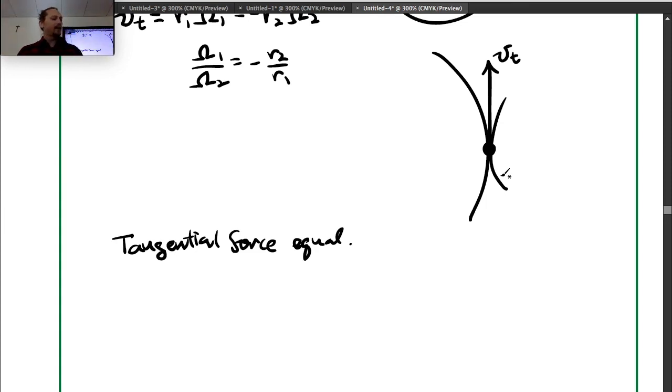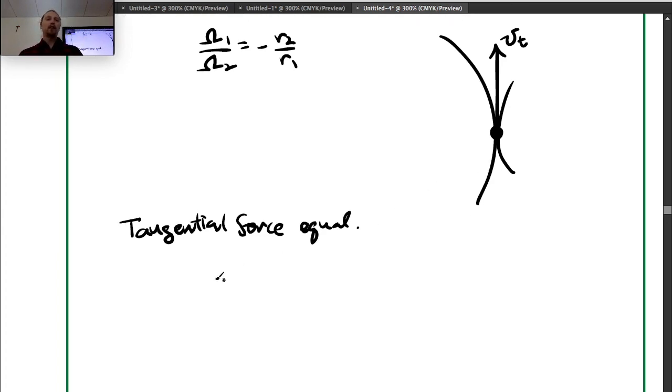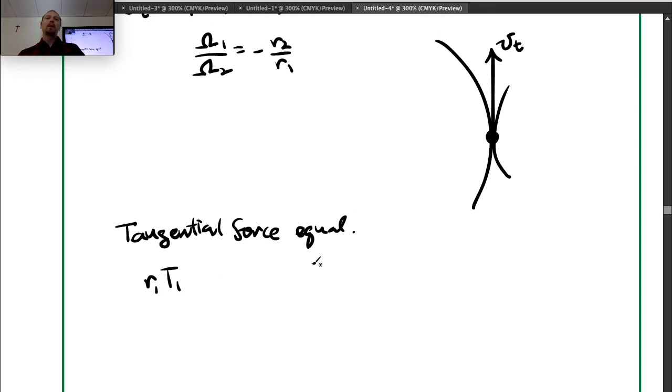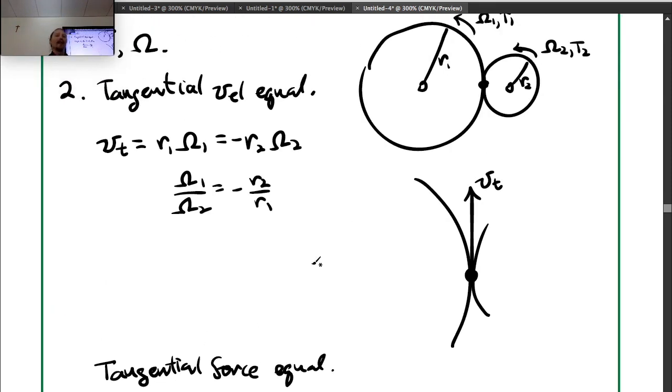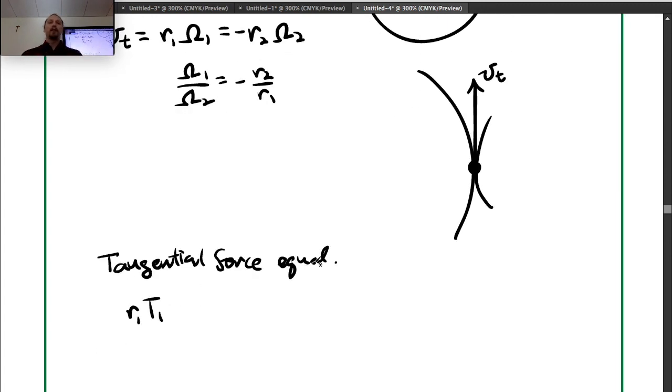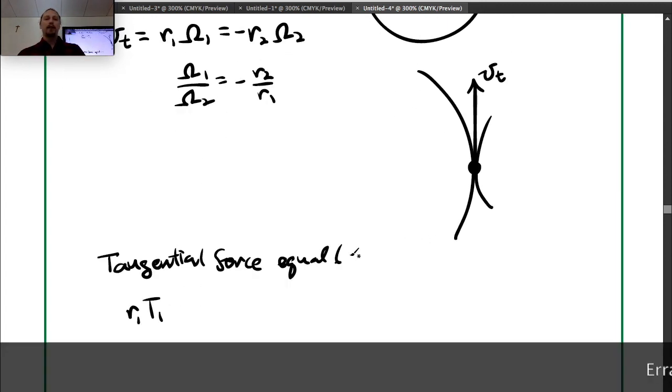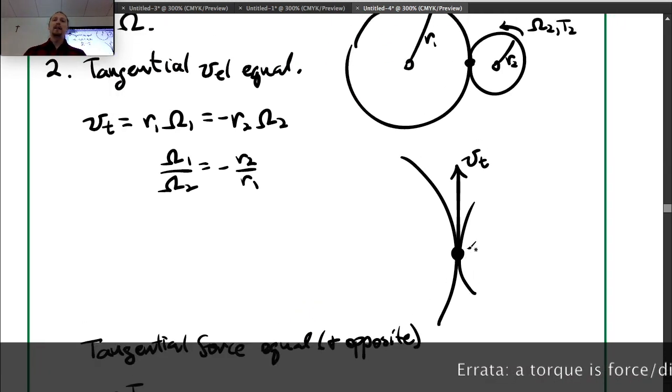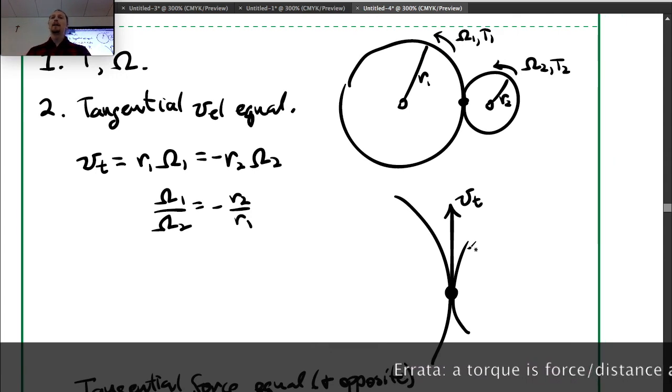And that gives us, so the tangential force for one of these is R1 T1. So they're opposite direction though, right? They're equal and opposite. That's what I should write. So R1 T1 is going one direction.